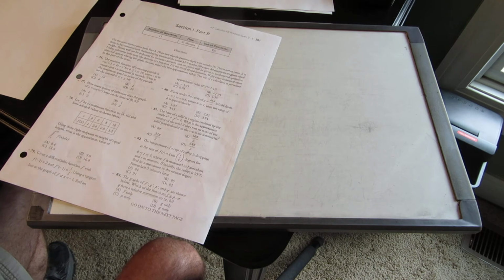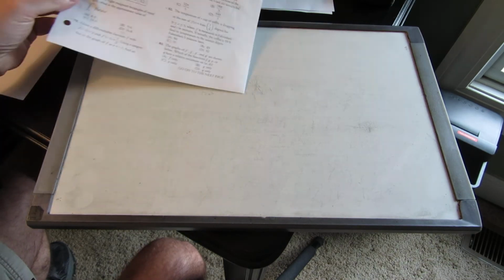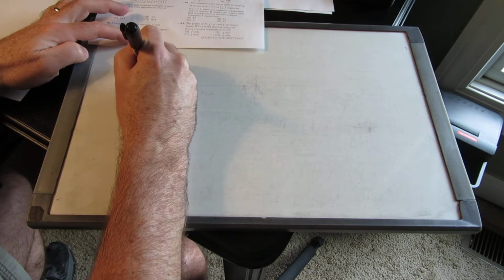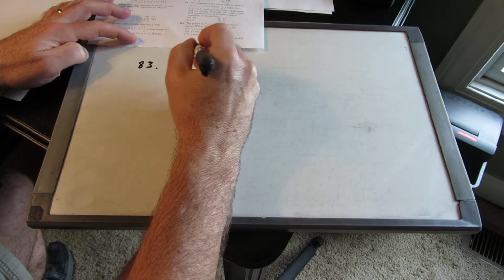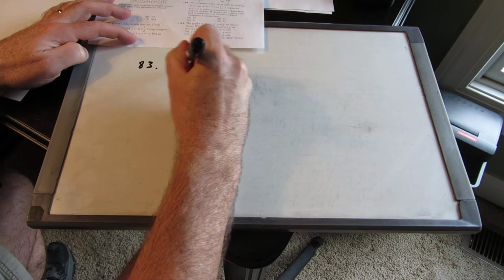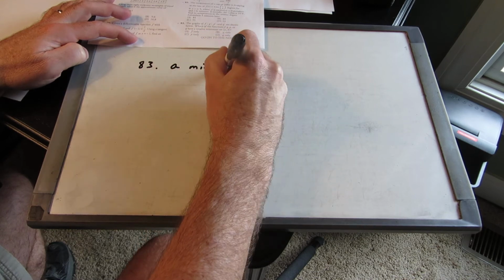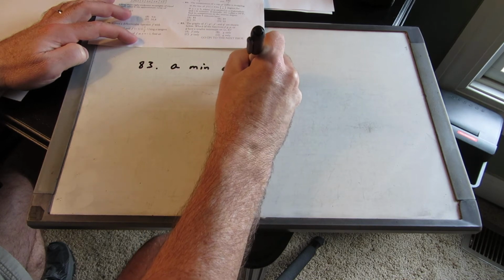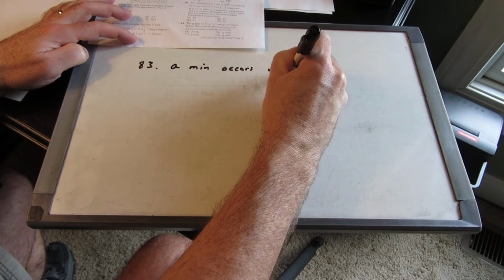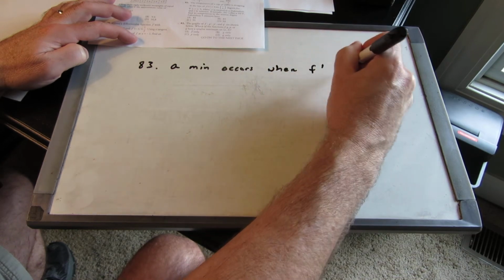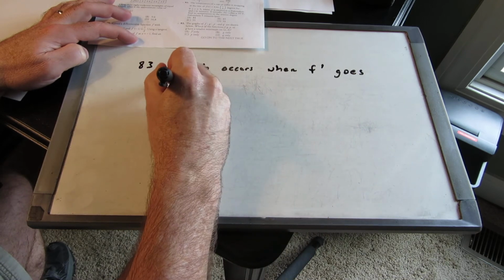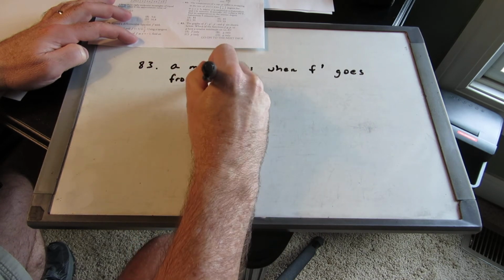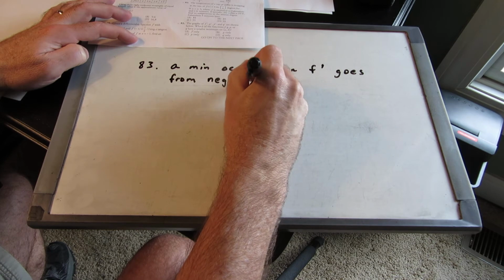So maybe on your paper, if you're going back to study this, you can write something like: min occurs when f prime, the derivative, goes from negative to positive.